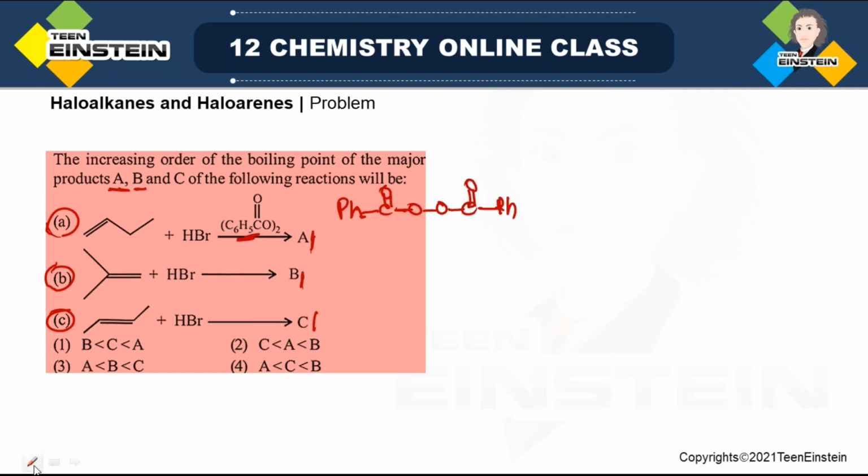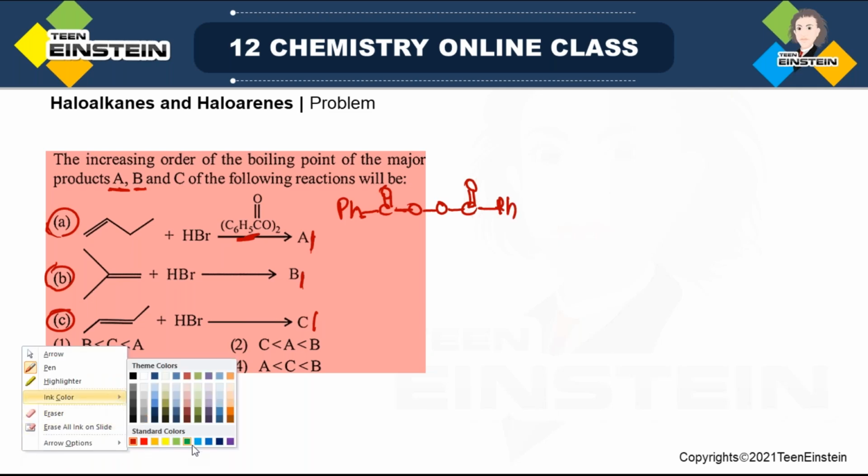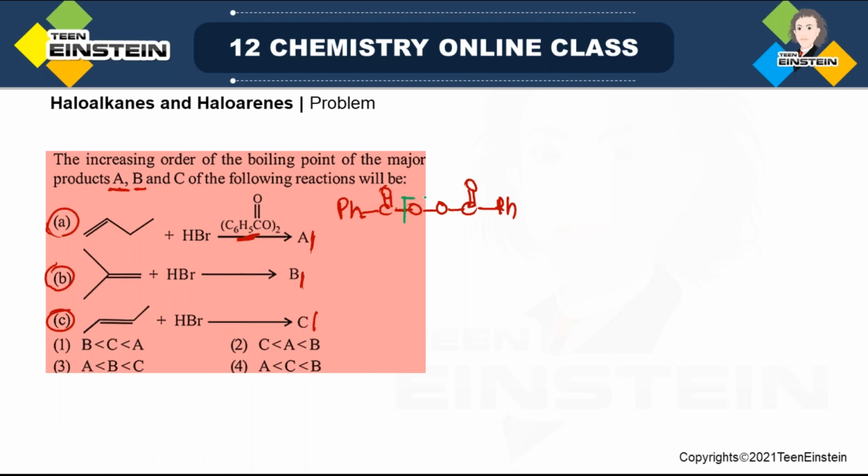Now look at this molecule carefully. It contains a peroxide linkage, and whenever you are doing HBr, that is electrophilic addition to an alkene, in the presence of peroxide, the anti-Markovnikov rule will be followed. In Markovnikov addition, what you have seen is that the negative part is added to the carbon containing the lesser number of hydrogens. But when it is anti-Markovnikov, it is just the reverse.